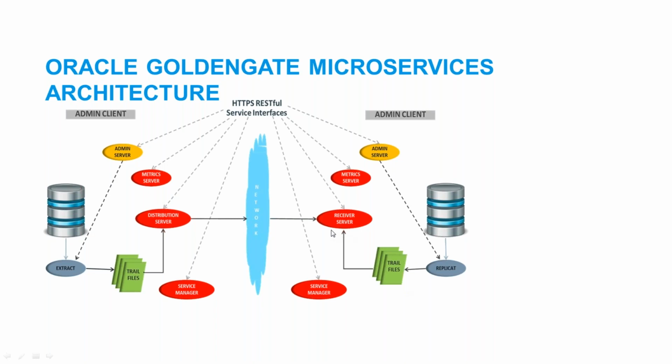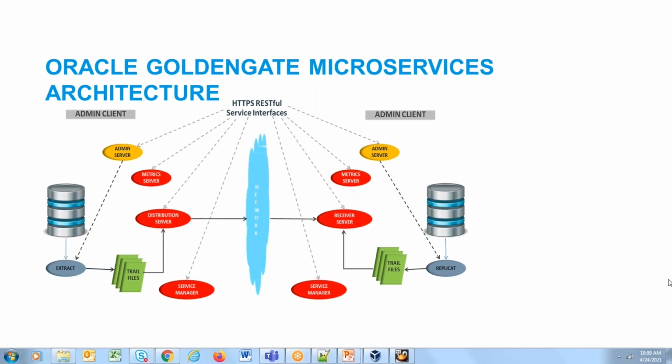On the target side, the receiver server receives the changes which are sent by the distribution server over the TCP/IP network. So the distribution server sends the changes from source, and the receiver server receives those changes on the target machine. Once the receiver server receives those changes, it writes them to the remote trail, and then the replicate process configured under the administration server on target writes them to the target database.